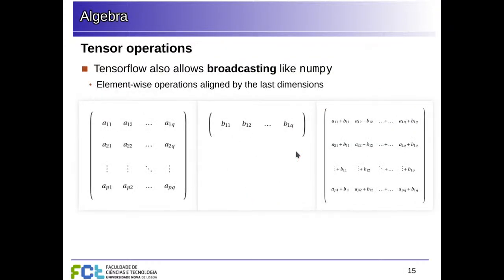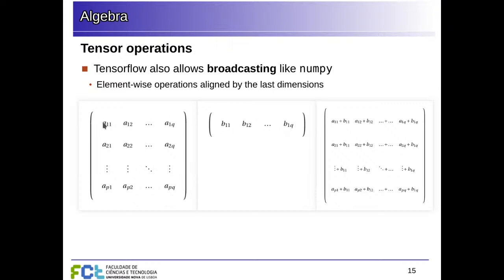TensorFlow, like NumPy, also allows broadcasting. So we could do multiplication by other rules than, for example, the basic algebra multiplication, or sums or things like that. As long as TensorFlow can match the length of the last dimension of one matrix and the other.